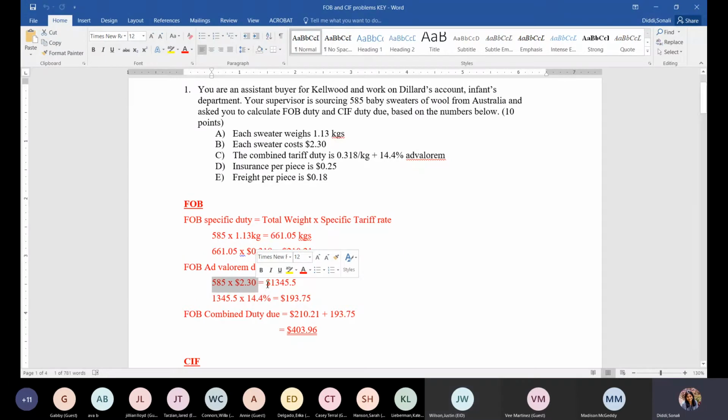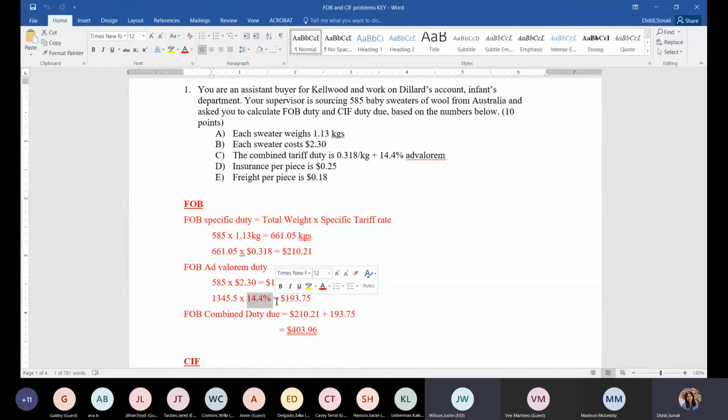Yes. So I just went ahead, calculated this, and then multiplied by 14.4%, which is your ad valorem duty. Oh no, I got the right math. I got the 210 and the 403, but I added 403 to the sales price. Okay.